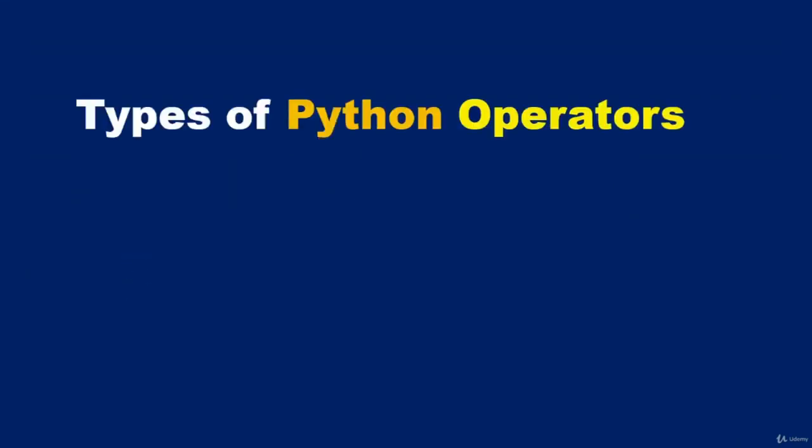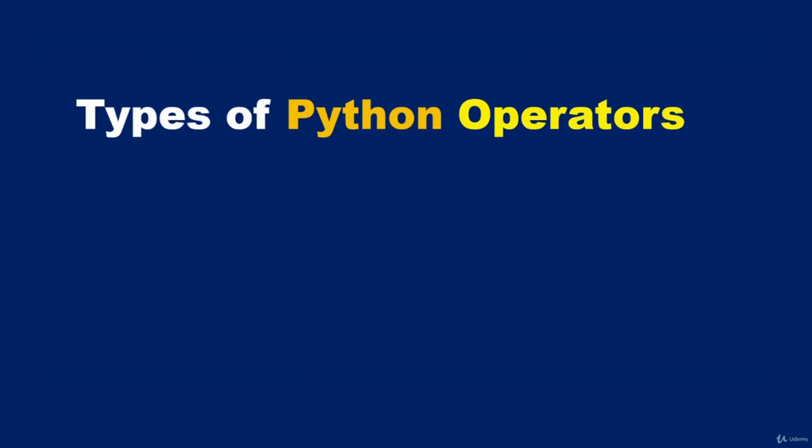What are Python operators? Python operators are used to perform operations on variables and values. There are different types of operators in Python, so I'm going to cover some of them.